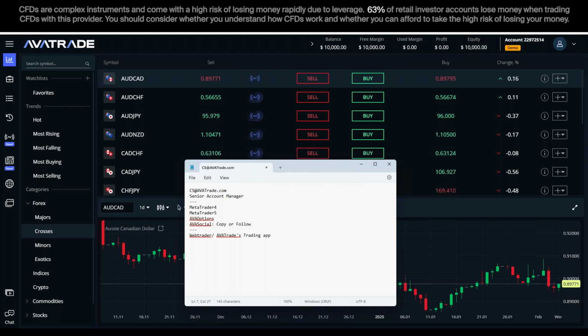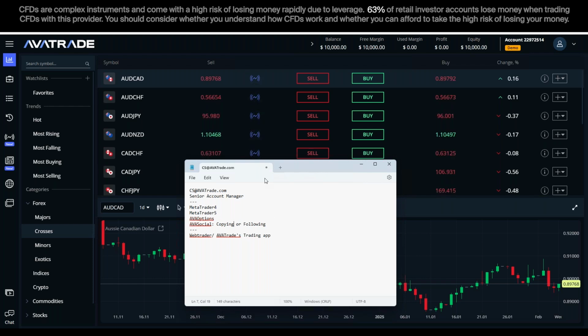Okay, but what is the difference between follow and copy? When I'm following another trader, I will get messages with the positions that this trader is trading, and I can choose if I want to also take the same positions or not. That is my own manual trading; I can manually take the trades the same way.